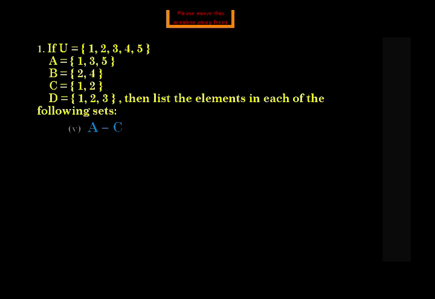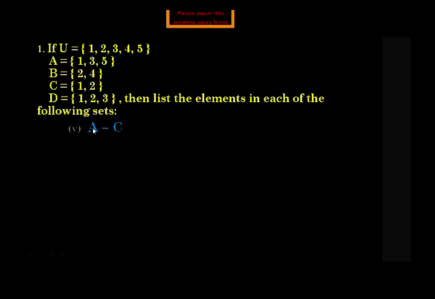First we will do part number 5, that is A minus C. Difference means subtraction. This is the sign of difference. In simple words we can say minus, A minus C. So in the language of sets we will use A minus C as a difference. These all are sets.